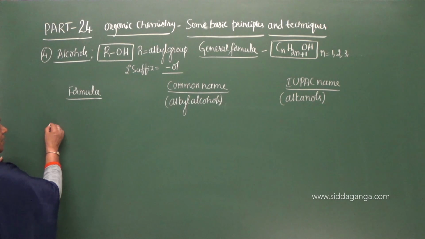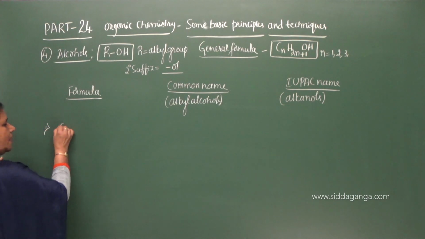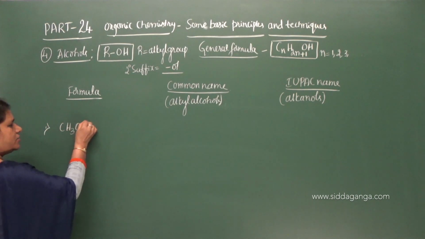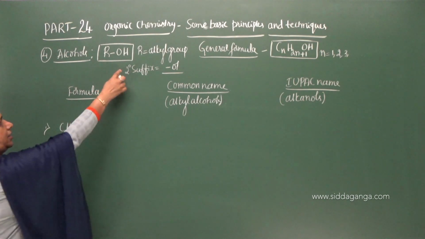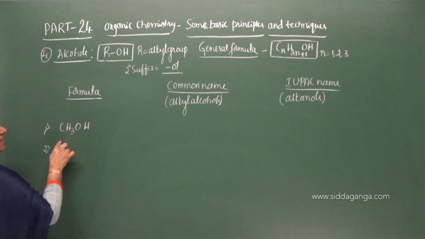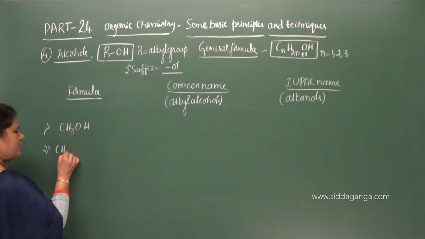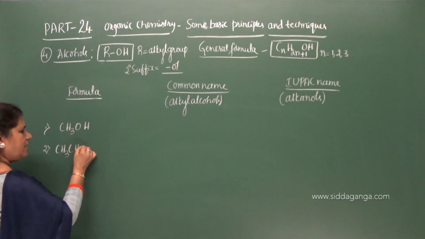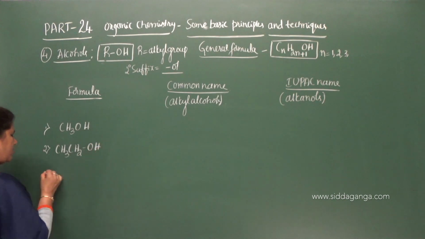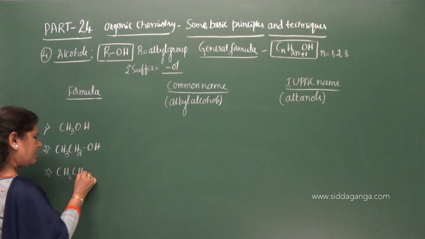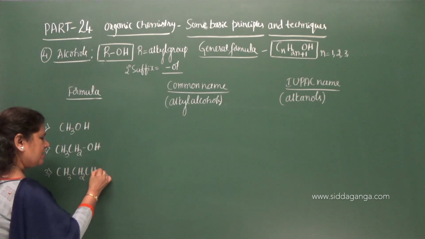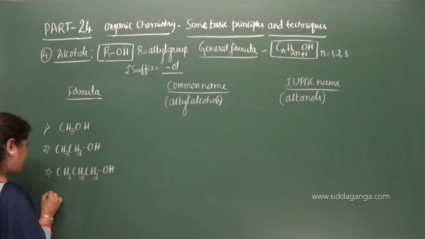Let me give the examples for this. The first member of the series will be CH3OH. Second one, write the different alkyl groups here: CH3CH2OH. Third one, CH3CH2CH2OH.